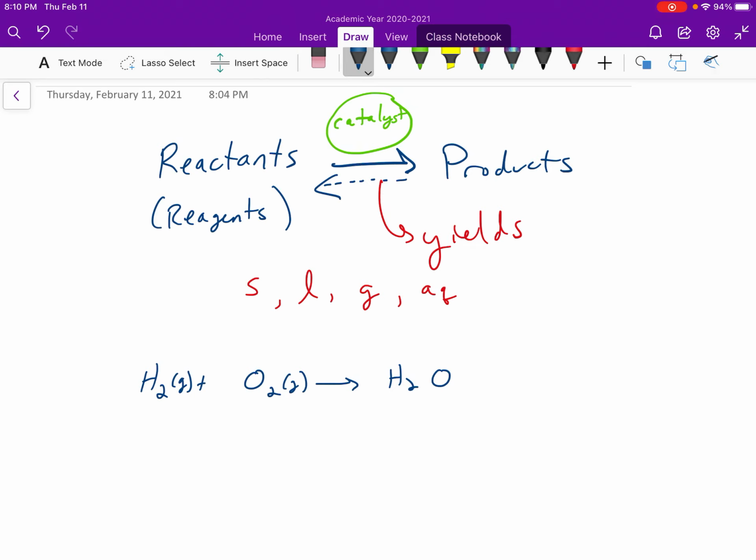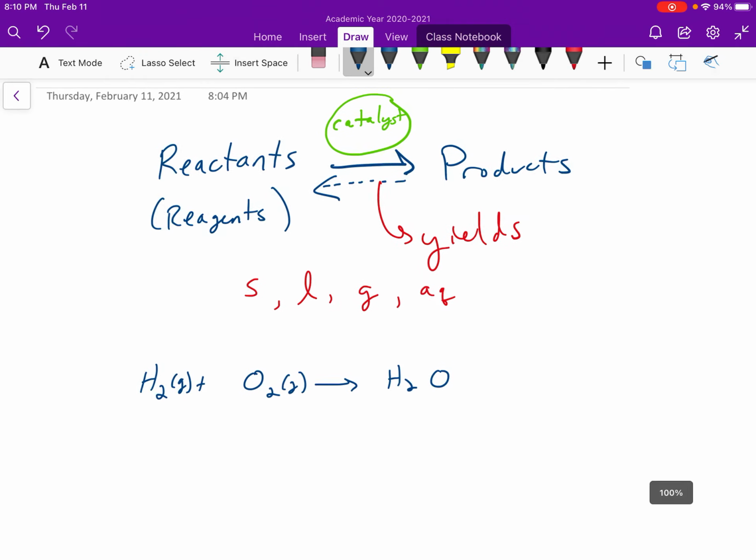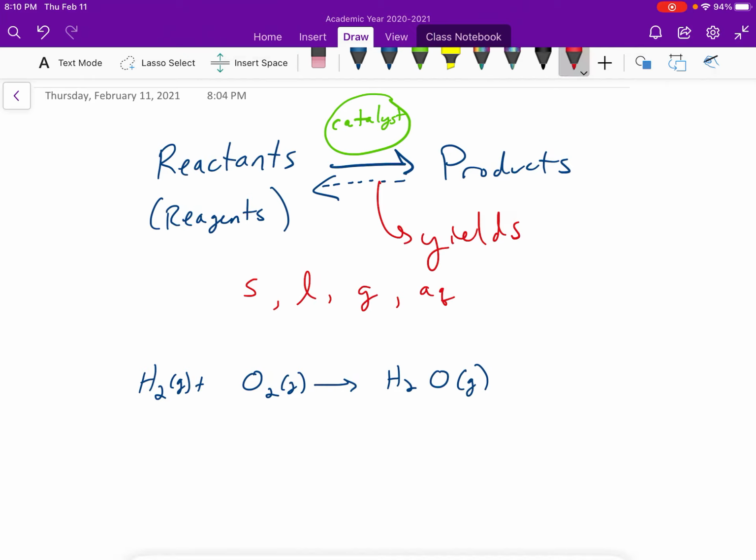Now, water is super stable, right? Water is normally a liquid. However, because this process produces so much energy, we actually end up with water as a vapor, as a gas, right? Because this actually happens at such an aggressive temperature, okay? We can also sometimes write energy or heat as a thing in the reaction.